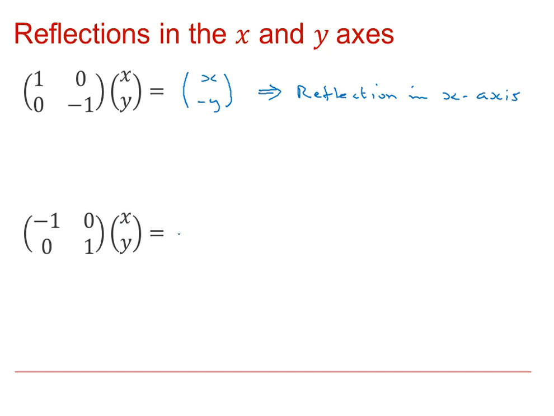If we look at this second case, if we multiply (-1, 0) by (x, y), we get -x, and if you multiply (0, 1) by (x, y) we get y. So the y-coordinate stayed the same and the x-coordinate has been negated, so this one is a reflection in the y-axis.